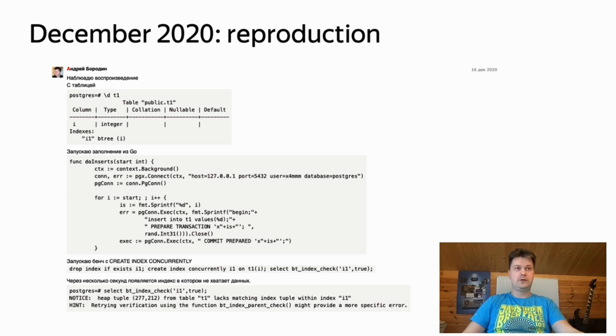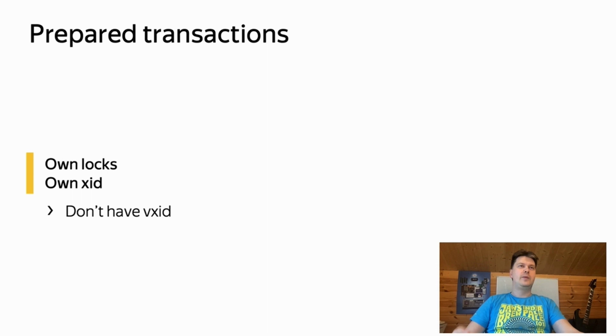So the problem was at that point obvious: prepared transactions can own locks. For example, if you update a table by a prepared transaction, prepare it, you don't see this transaction in the list of pg_stat_activity, you don't see it running, but if you try to alter the table, it will wait for the lock.